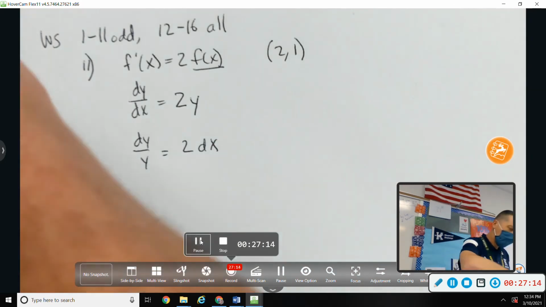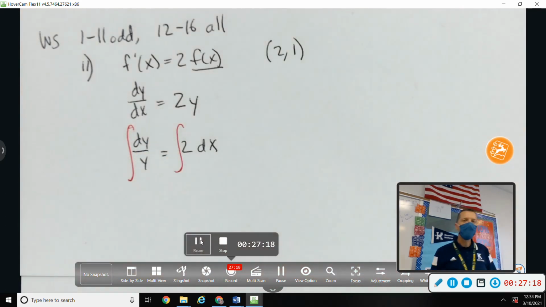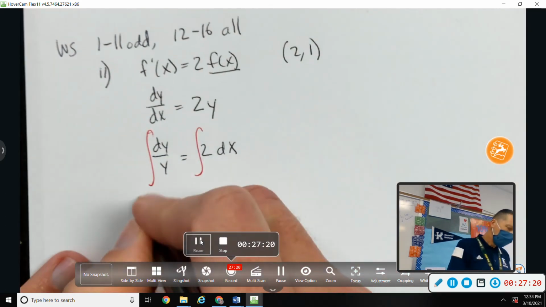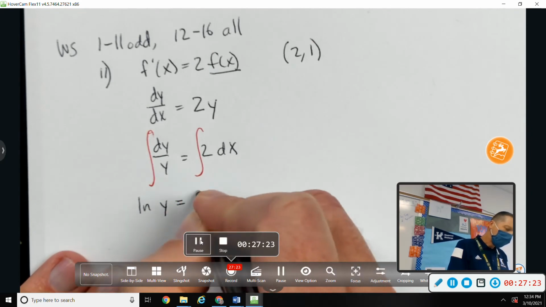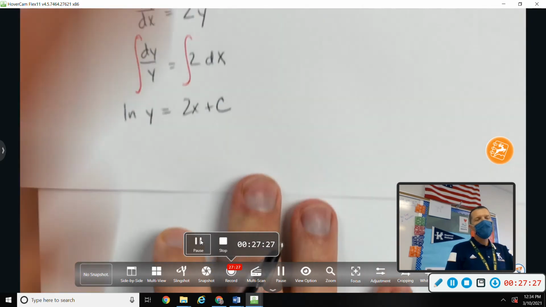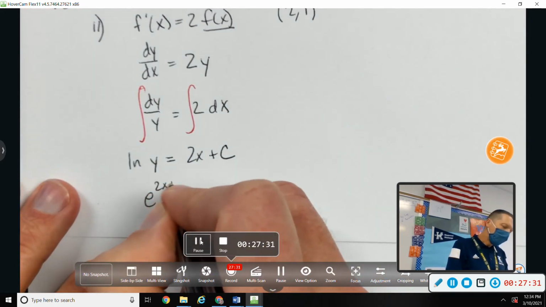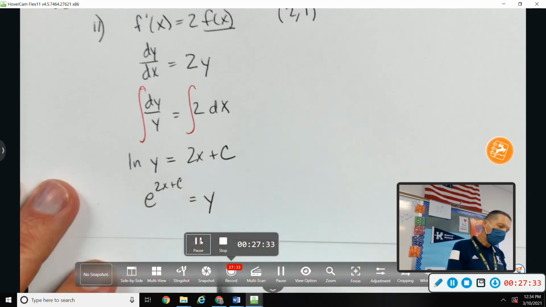In fact, may as well finish this one while we're here, because that one's not too crazy. Natural log of y equals 2x plus c. So e to the 2x plus c equals y.